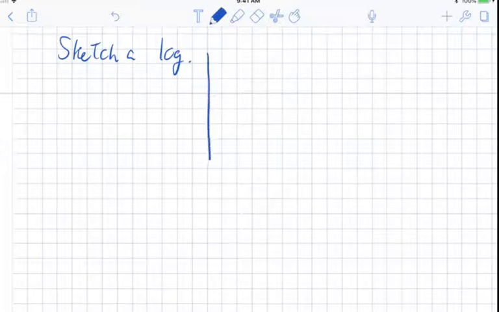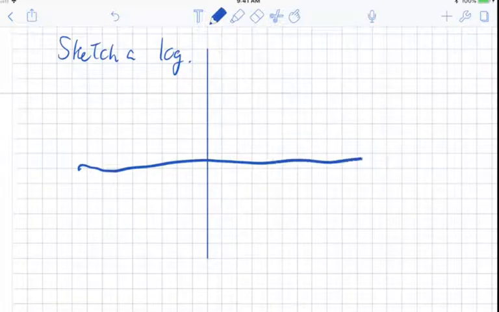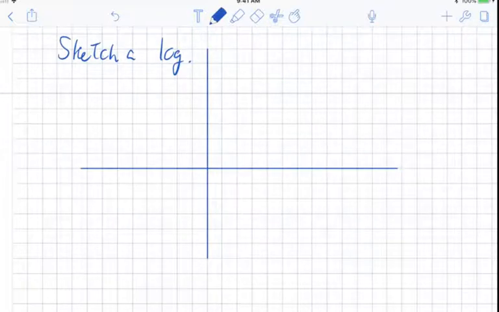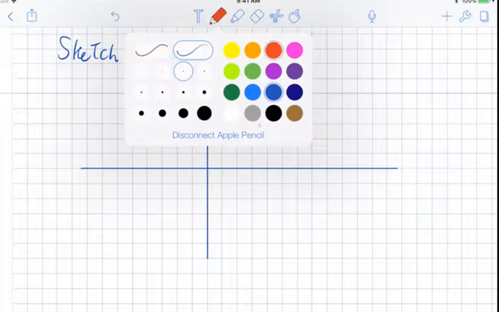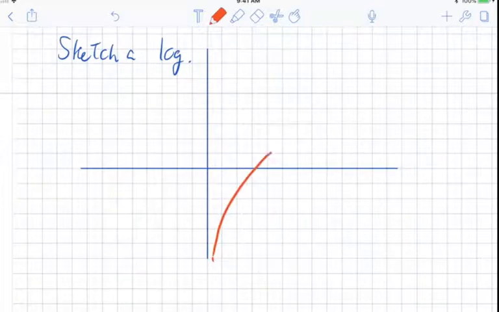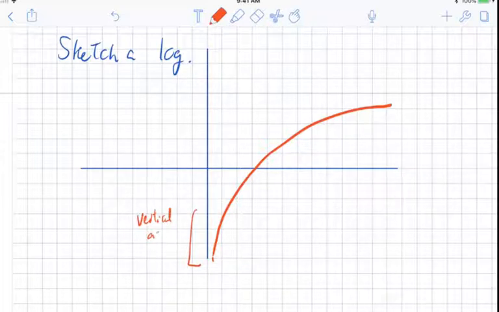Logarithms always have the following shape. Variations thereon. We'll talk about the variations in a second. But essentially, they have the following shape. Looks like this. Okay? There is a vertical asymptote. So this is y is equal to log base a of x.